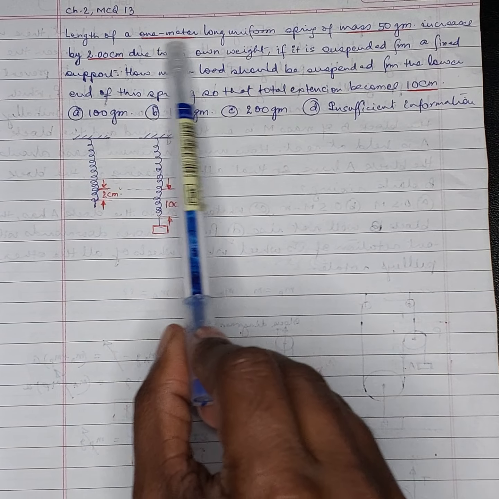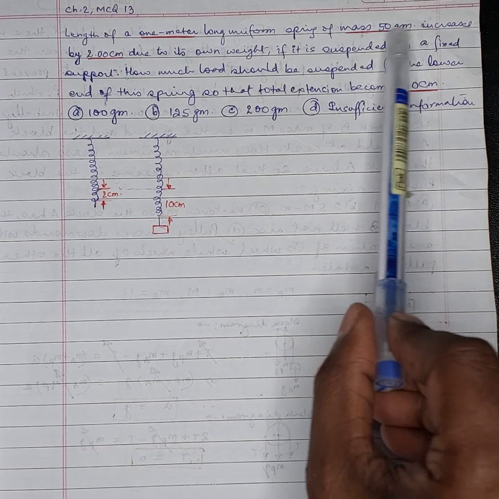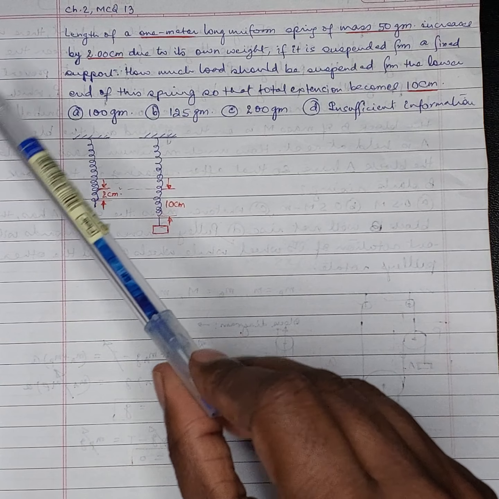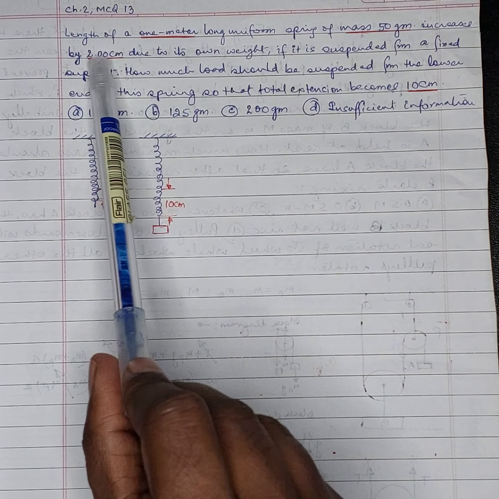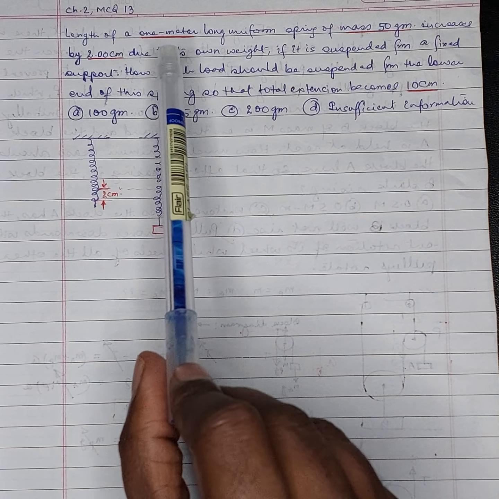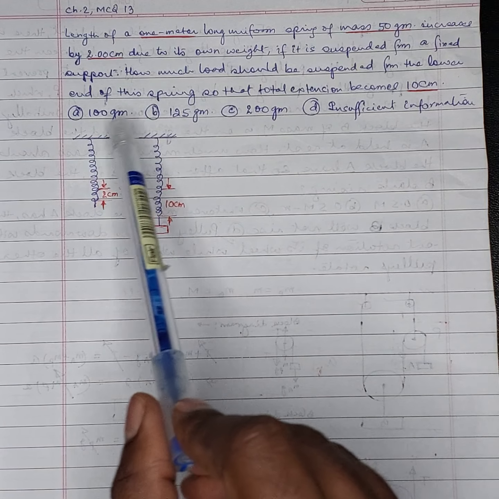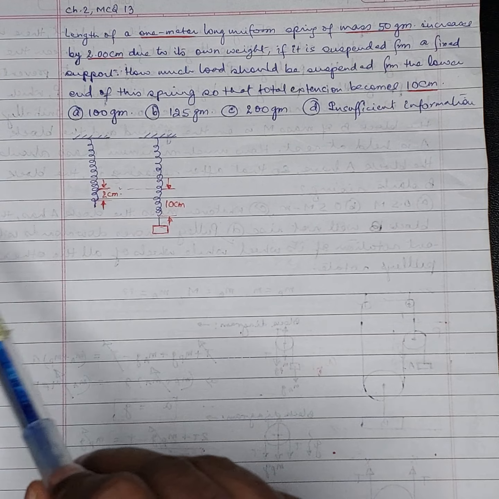Length of a 1 meter long uniform spring of mass 50 gram increases by 2 centimeter due to its own weight if it is suspended from a fixed support.